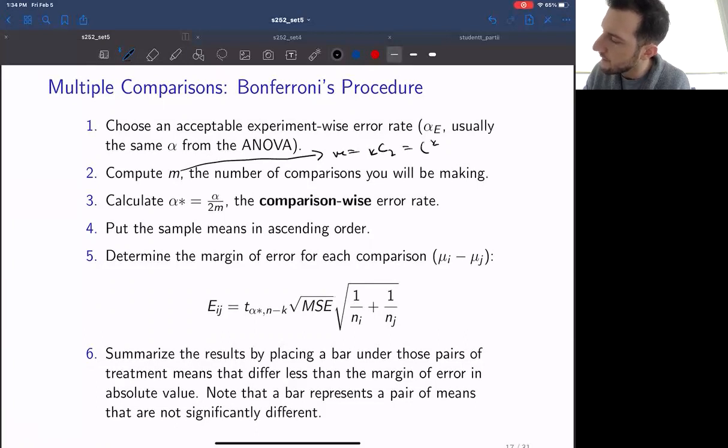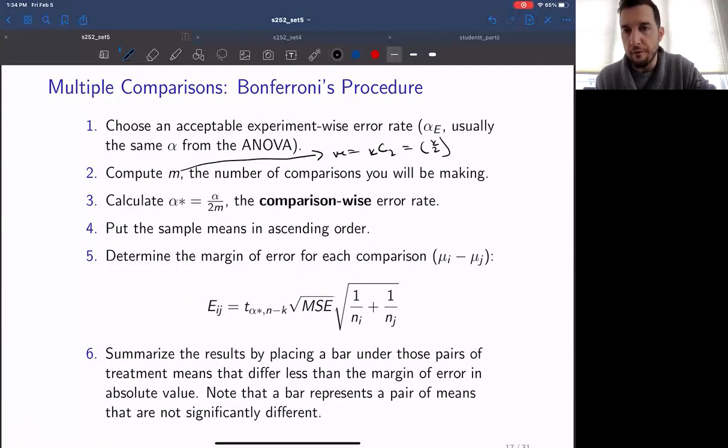This is something you can compute very directly using any scientific calculator. It is just the combination rule applied to the number of treatment means, where you want to pick 2. Basically, what you're asking is how many different ways can I compare 2 things from a set of k things?